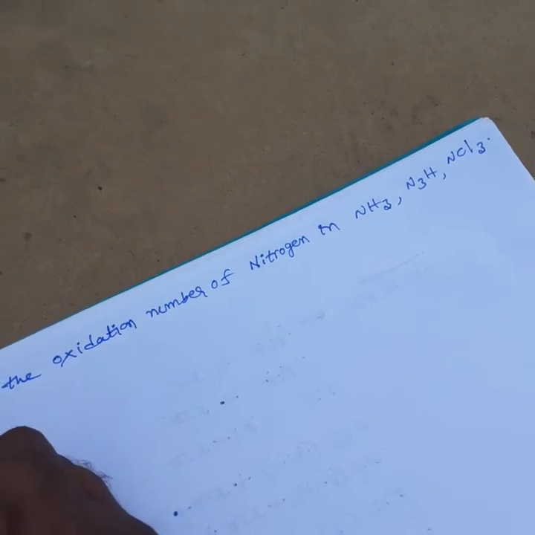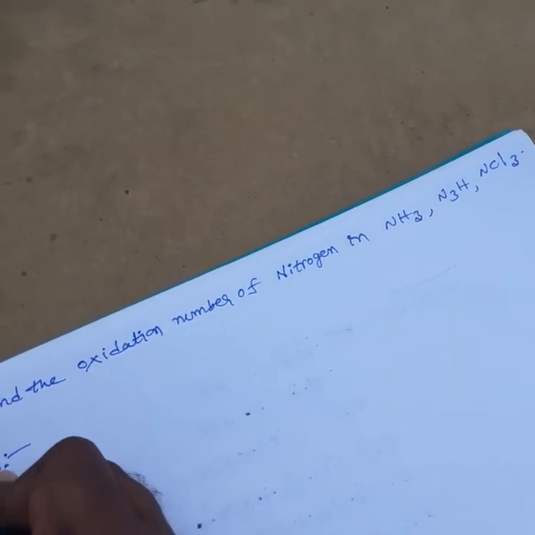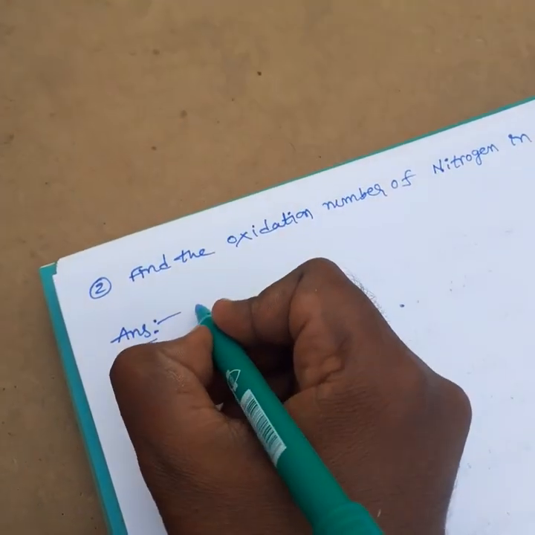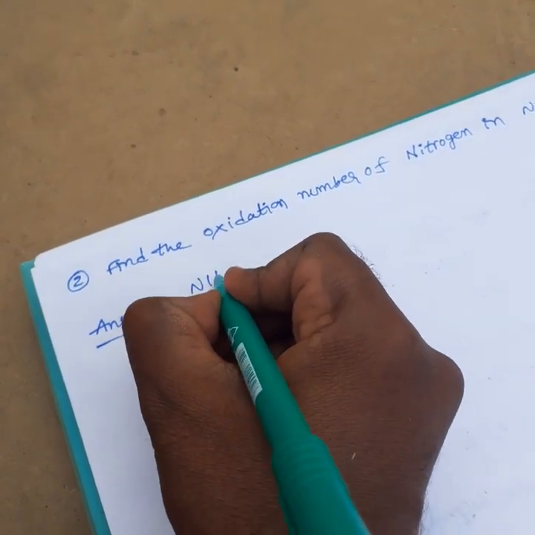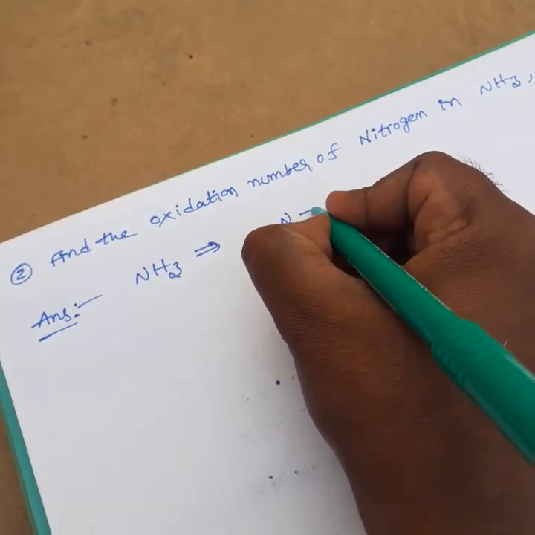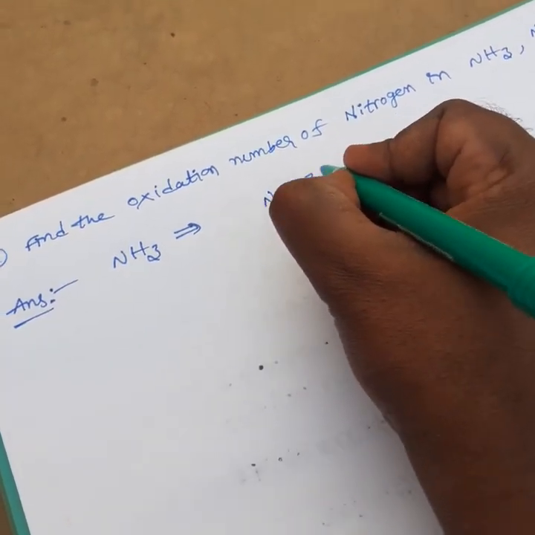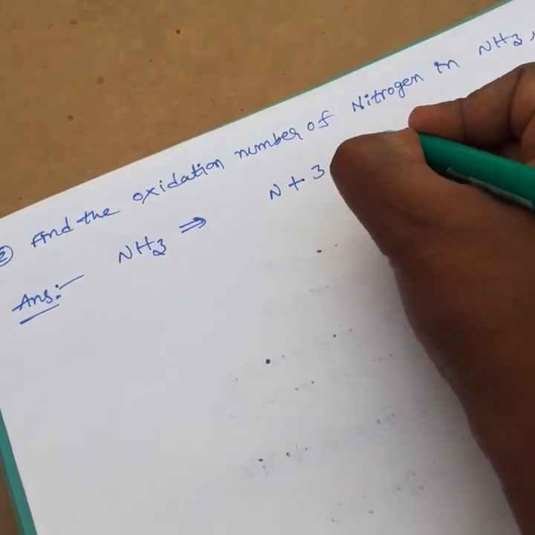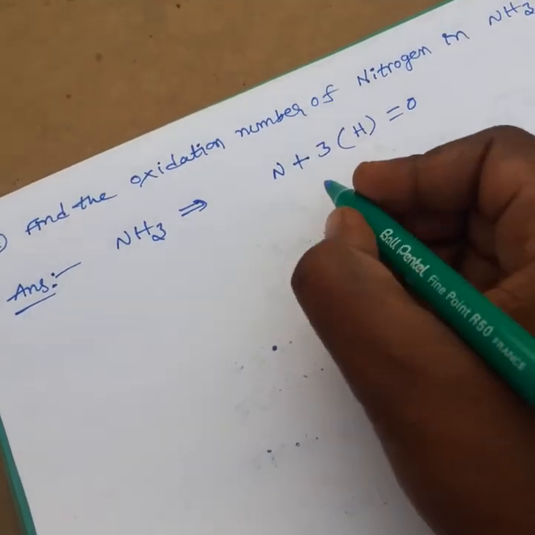First, here we can observe NH3. In NH3, N plus 3 into hydrogen oxidation number is equal to 0.